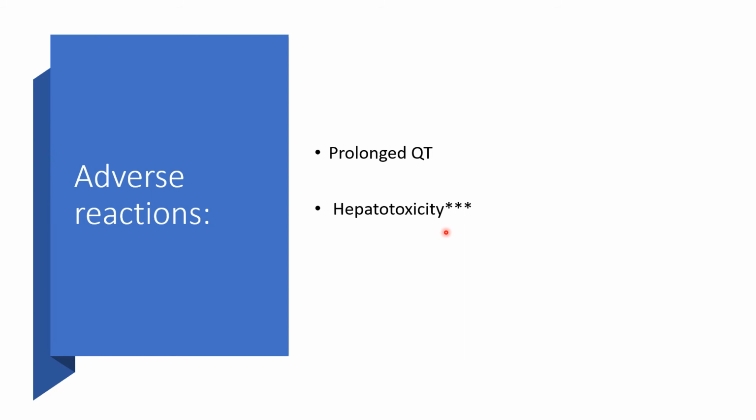Prolonged QT syndrome. With the use of fluoroquinolones, the QT will be prolonged, okay? And with prolonged QT, there will be torsade de pointes. If there's no correction, torsade de pointes will degenerate to ventricular tachycardia. Initially, it will be monomorphic, but will progress to polymorphic ventricular tachycardia.